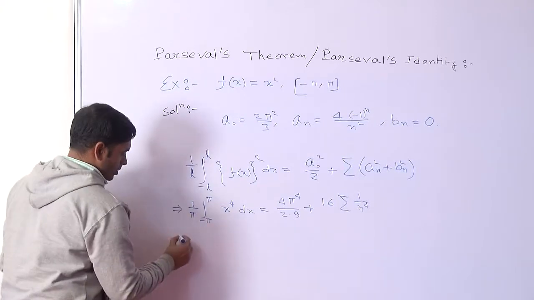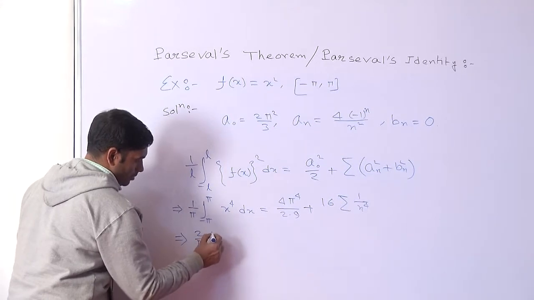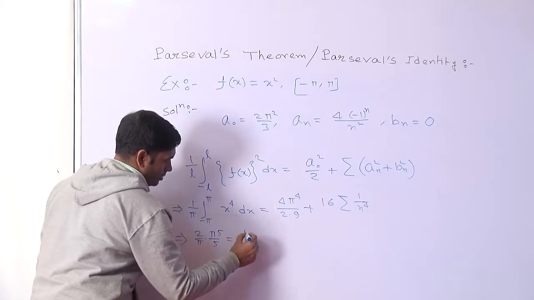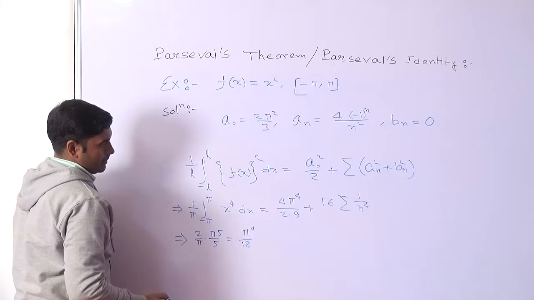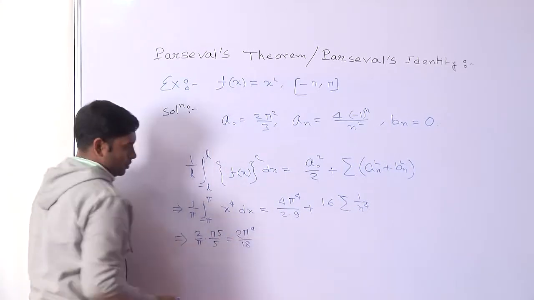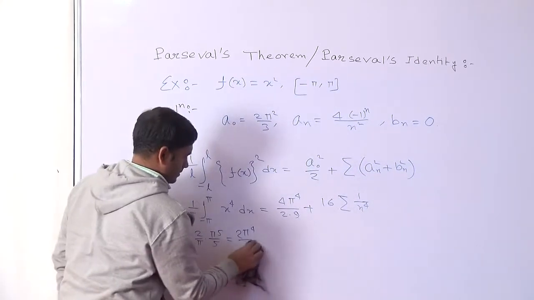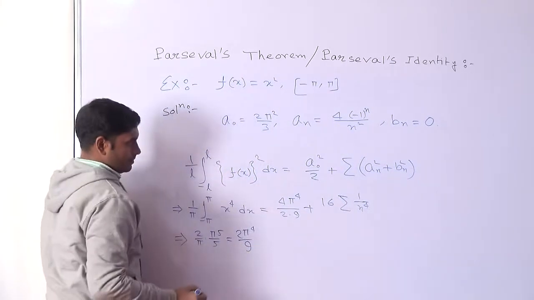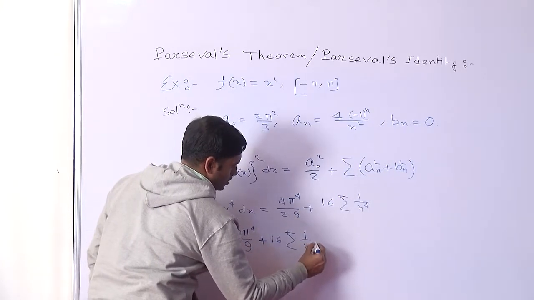Now the integration of this is over a symmetric region, so it will be (2/π)(π⁵/5), and this side it will be (4π⁴/9)/2, that is 2π⁴/9, and this is 16 Σ 1/n⁴.